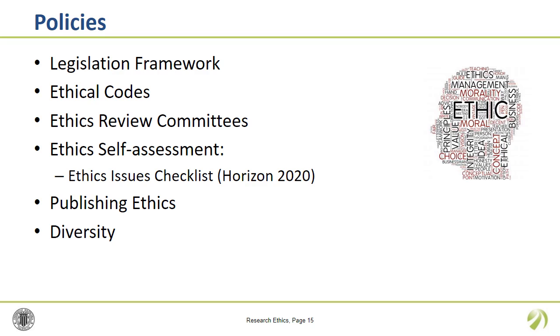Publishers are developing mechanisms to enforce publishing ethics. Finally, when collaborating with researchers from other geographical regions, it is necessary to be aware of different ethical principles according to different cultures and value systems. There could be different priorities in values.